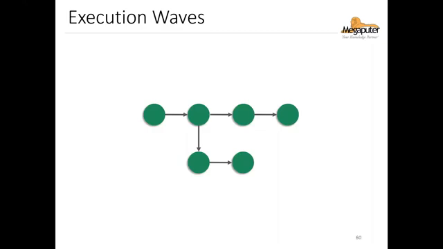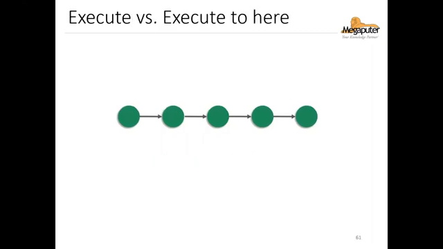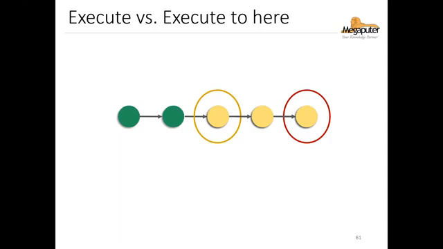So why do we care about execution waves? Well, in PolyAnalyst, there are different ways to execute a series of nodes. For example, maybe we have a series of nodes here that I don't want to execute in a wave. Let's say that we decide to make some modifications to this node in the middle here, but this last node in the workflow is something computationally intensive that maybe takes a long time to execute.